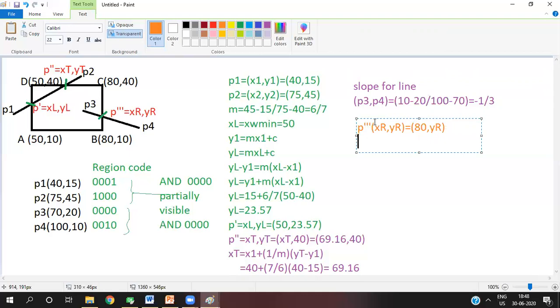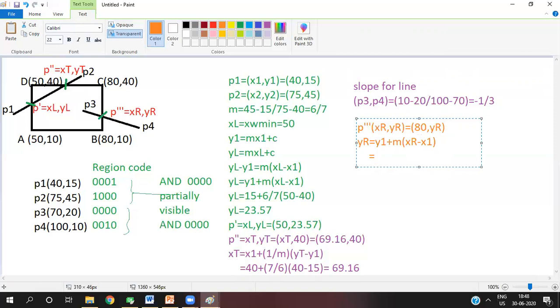Okay. Again, write down the equation. YR is equal to, now I will directly write it, Y1 plus M into XR minus X1. Okay, from this equation you can write, just simply YR is equal to Y1 plus M into XR minus X1. Fine. Go ahead. YR is unknown. What is Y1 over here?